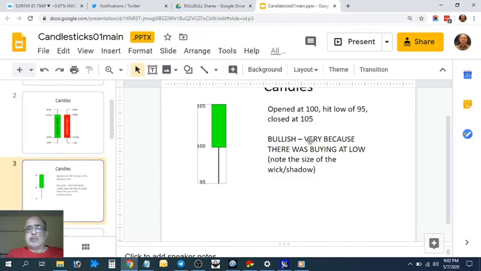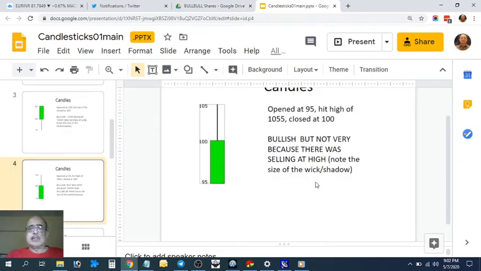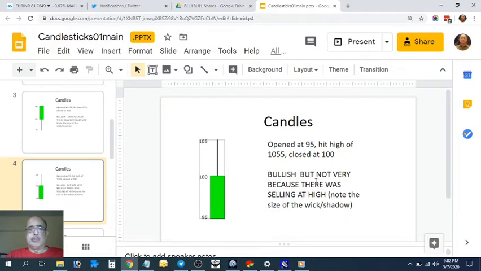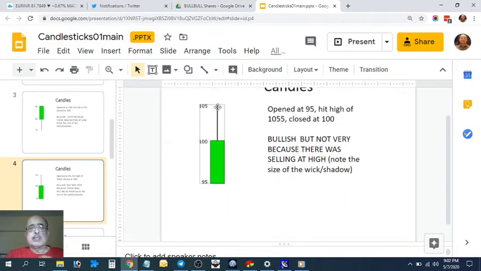Okay, now let's take some examples. I made some examples for you. So in this, 105 is the high, 100 is the close, and 95 is the low, also the open, because here's the open, here's the close, right? So how do you interpret this candle?